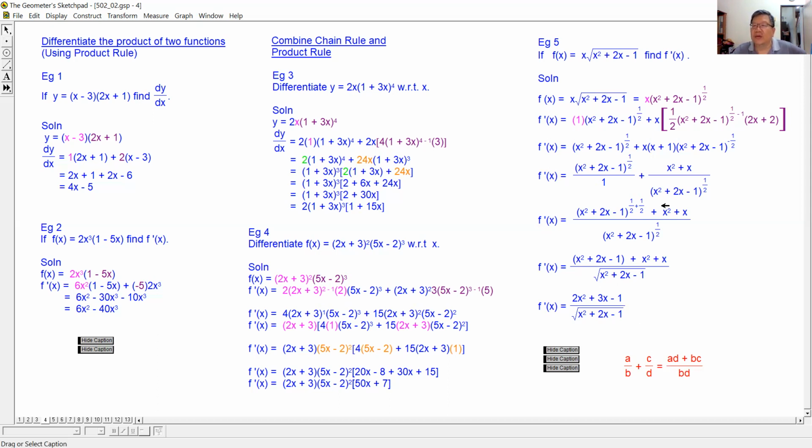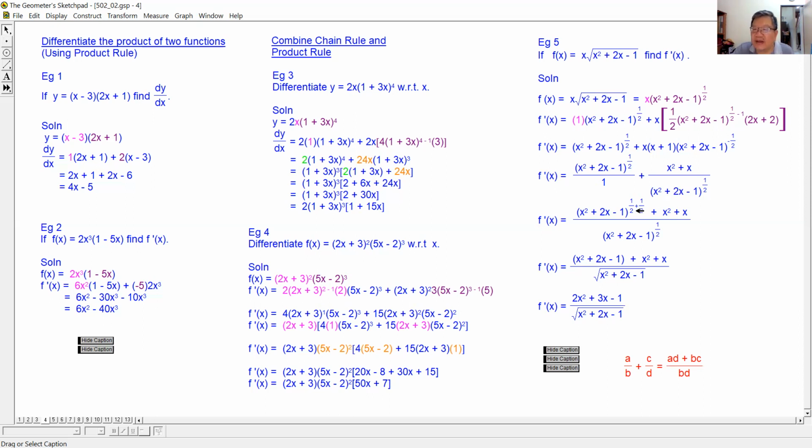So I want to add these two terms up. This is a, this is b, this is c, and this is d. You cross the denominator with the numerator of the other term. When you multiply them, you see that they are both the same term.